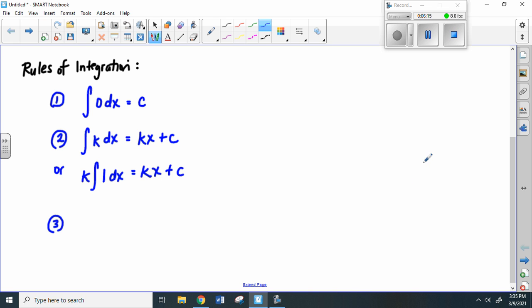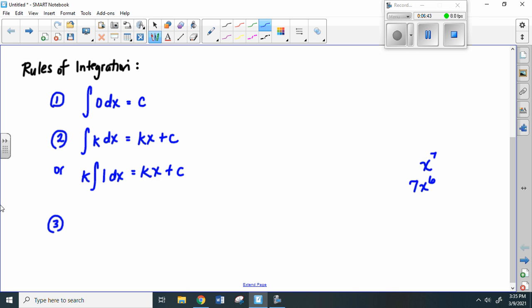Let's say I had x raised to the 7th, and I wanted to take the derivative of it. I would bring the power to the front, and remember, you would subtract a power. So how do I undo that? Well, I would have to add 1 to the power, and then how would I get rid of the 7? I'd have to divide by the power.